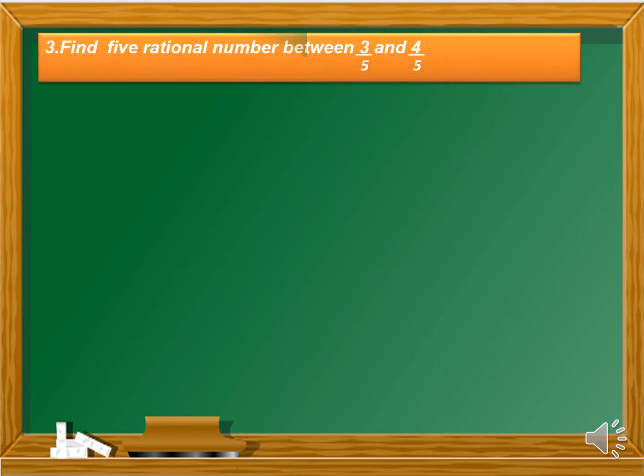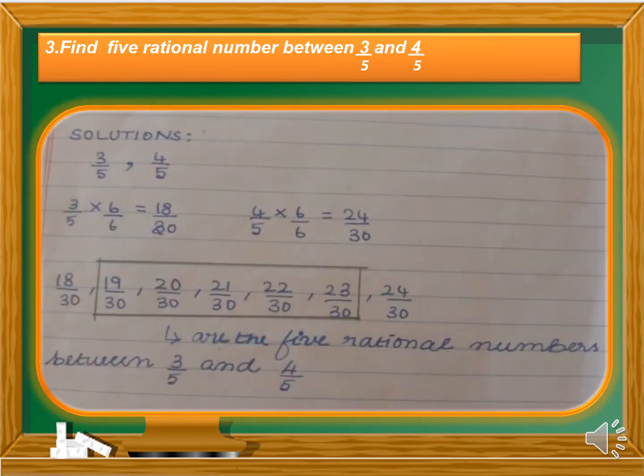Next sum is, find 5 rational numbers between 3 by 5 and 4 by 5. Again to find 5 rational numbers, we use the same method. We have two methods, but I am going to take the second method. Here 3 by 5 and 4 by 5 have the same denominator.